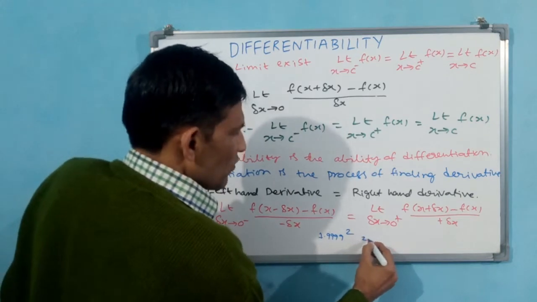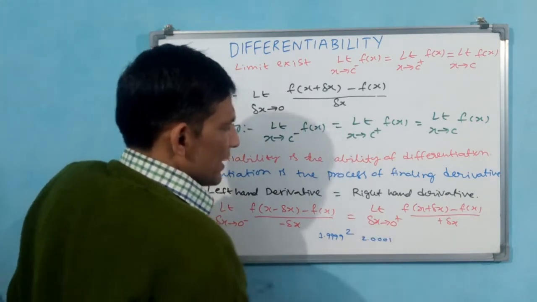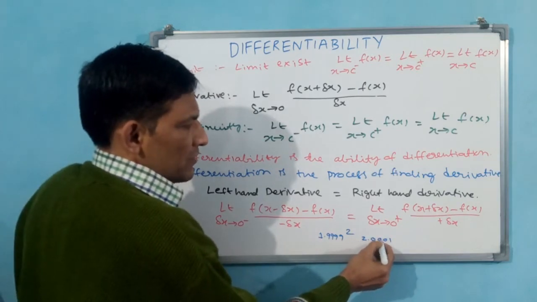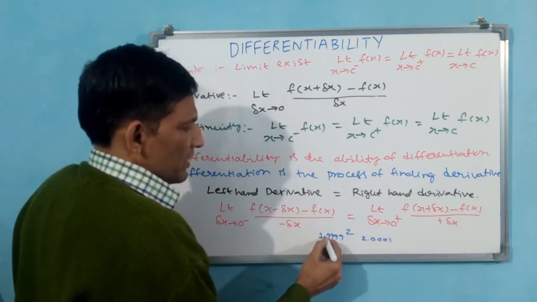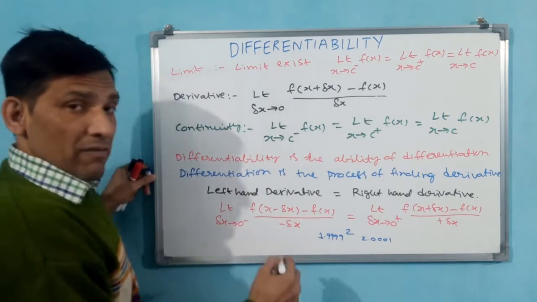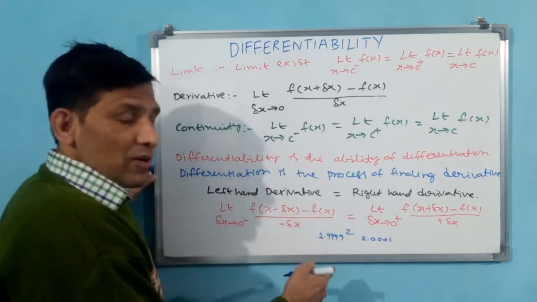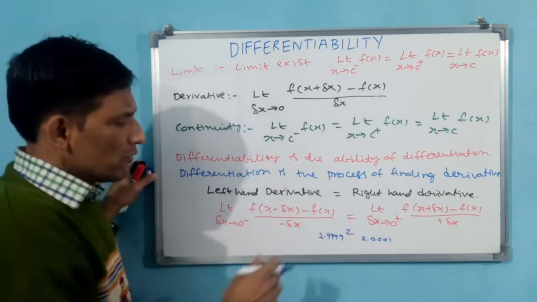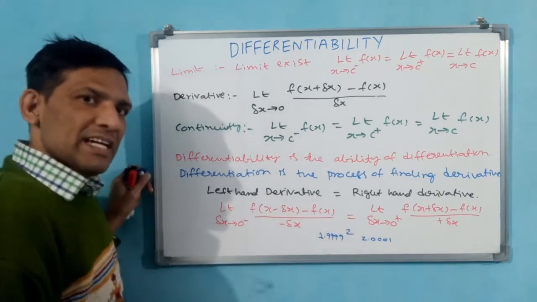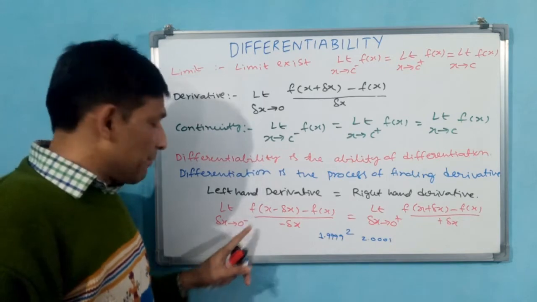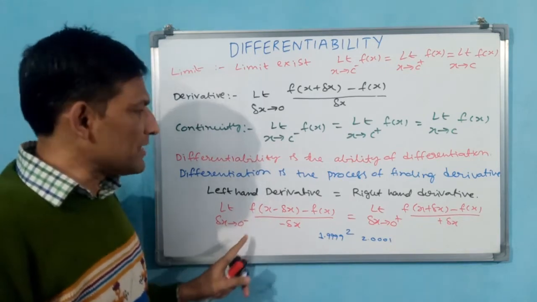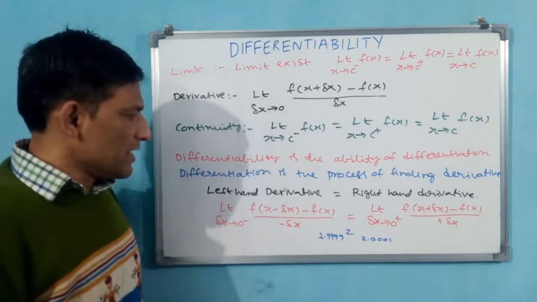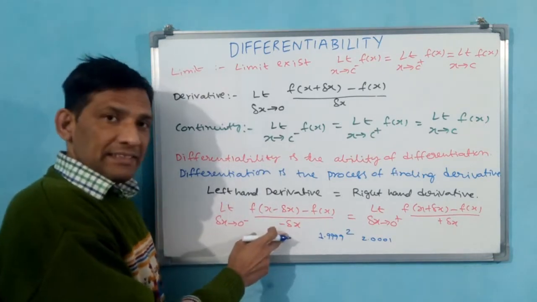Here also 2.0001, up to 4 digits. But while applying the limit, approximately equal to 2, in both cases we were applying 2 only. While applying limit 0 minus you have to apply 0 only, and 0 plus also 0 only. But what about delta x?